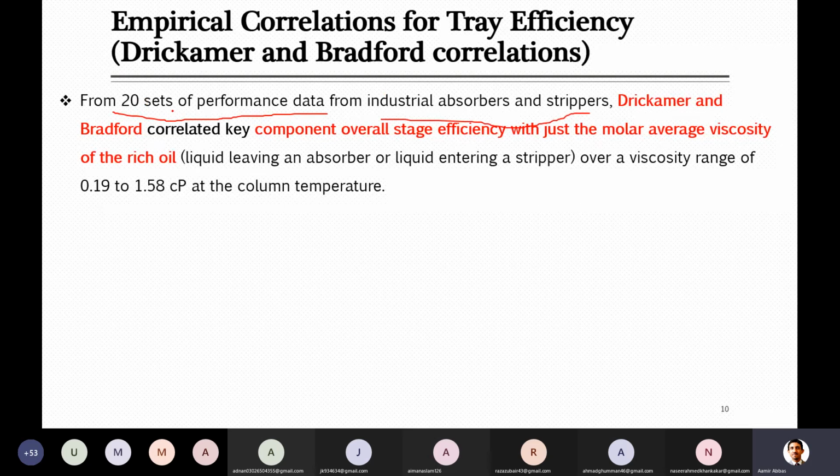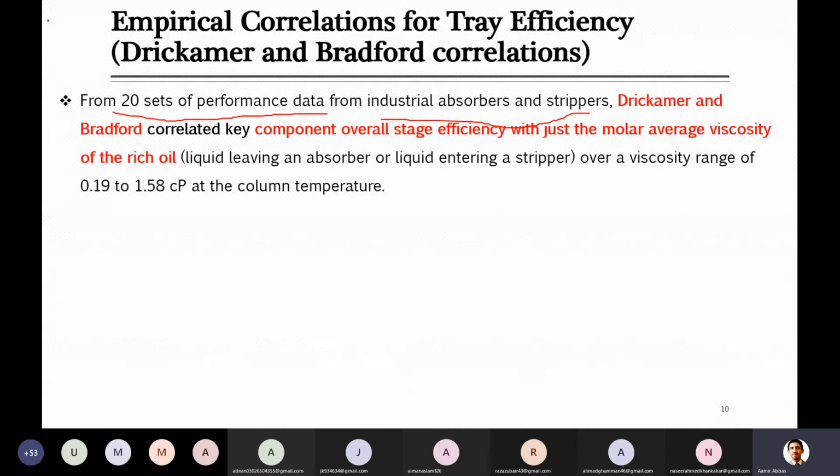In this case, they didn't do calculations of the efficiency as per the previous method, and they didn't design the columns based on that. But what they did was take the data, analyze it, and try to convert those observations of the efficiency into some equation.